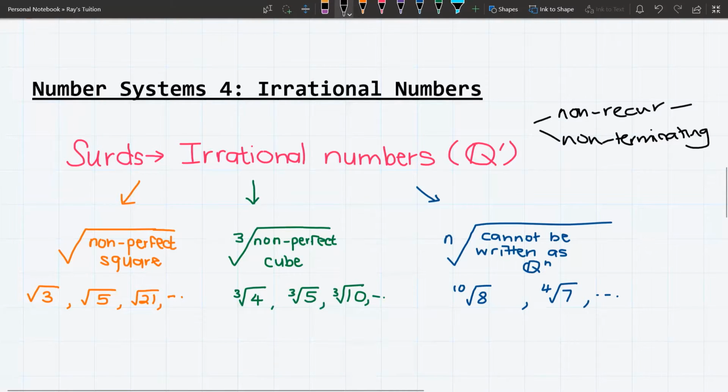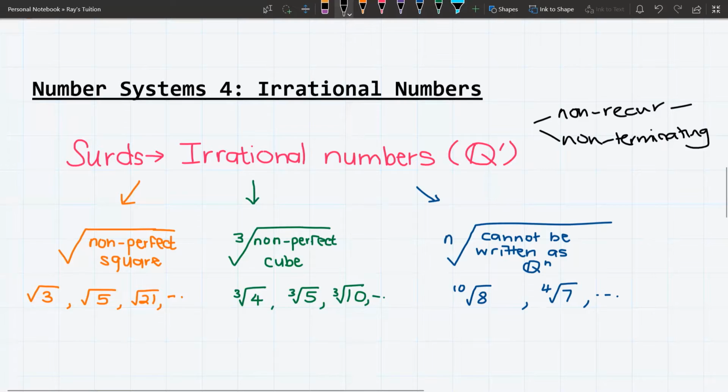So if you ask what the square root of 3 is, you're going to get a non-recurring and non-terminating decimal, and that is an irrational number. Similarly, the square root of 5 and the square root of 21, because 3, 5, and 21 are all not perfect squares. The cube root of a non-perfect cube would also be irrational: the cube root of 4, the cube root of 5, the cube root of 10.